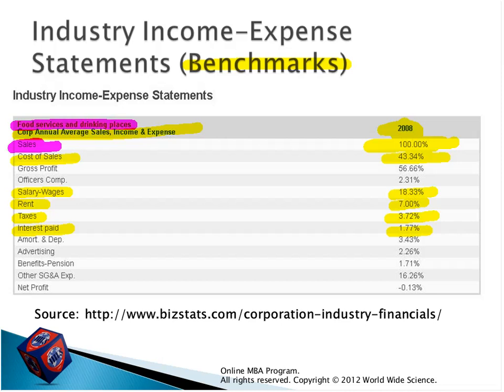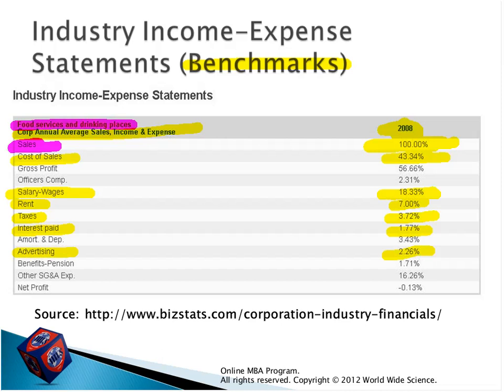Next one, we can see that salary and wages expenses that we pay for our staff take around 18% of whole sales. And for each item, you can see what percentage of expenses is taken from the sales. Here we can see the advertising is around 2.26%.